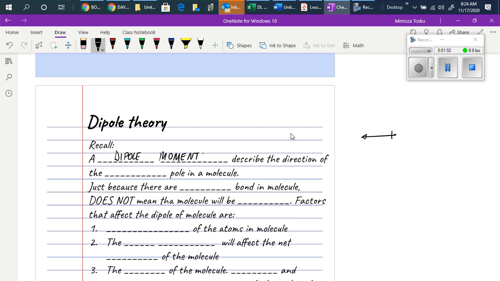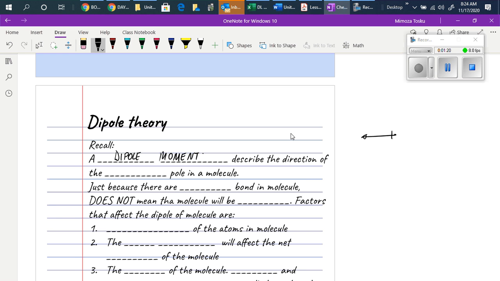And the direction of the arrow is telling us in which atom the electrons are mostly staying.